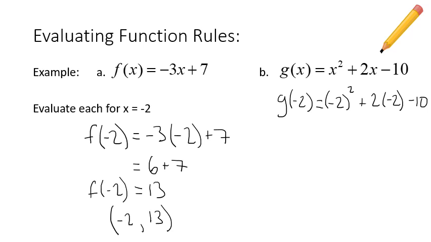Negative 2 times negative 2 gives me 4. 2 times a negative 2 would be negative 4 and minus 10. 4 minus 4 is 0. Minus 10 gives me negative 10. So my ordered pair here would be negative 2, negative 10.